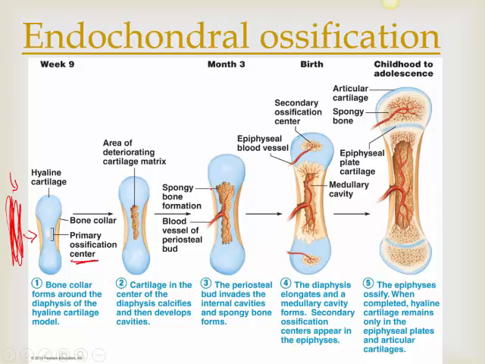A blood vessel which is supplying the outer area up here, this begins to get attracted. When the cells die, they release certain chemicals which attract blood vessels, and the blood vessel goes from the outside towards this central area where these cavities are forming. As this blood vessel goes towards the center, it carries with it these osteogenic cells from this bone collar.